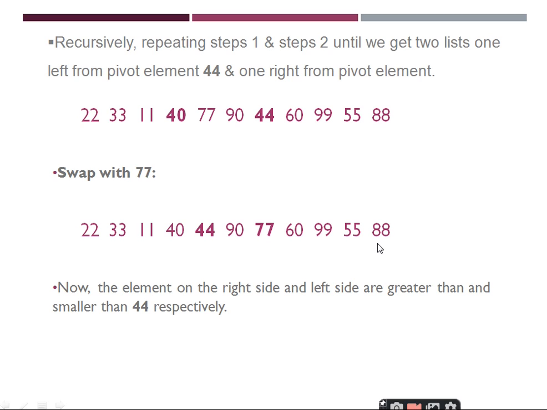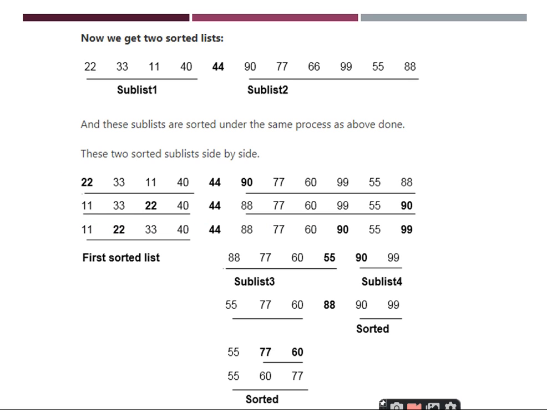Now if you carefully look at this, we are getting two things. All of the elements towards this side are greater than 44 and all of the elements towards the left side are less than 44. And now we are getting two sublists.